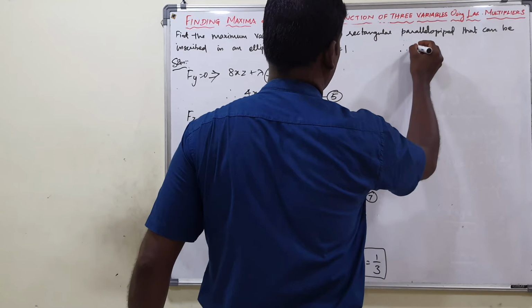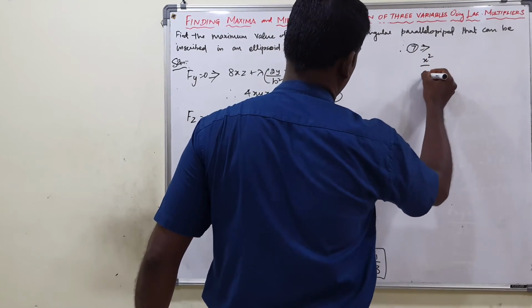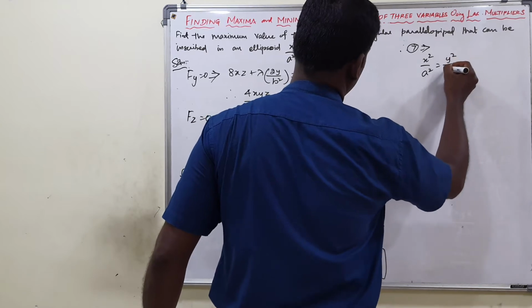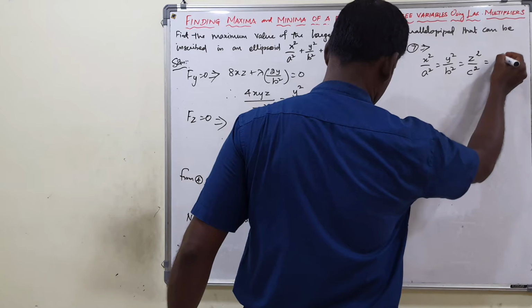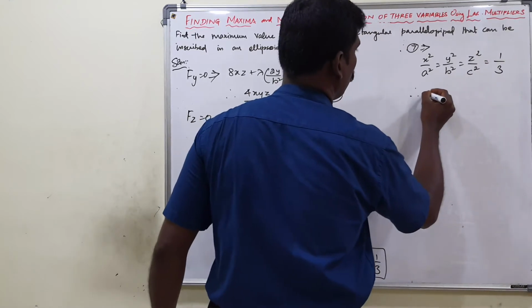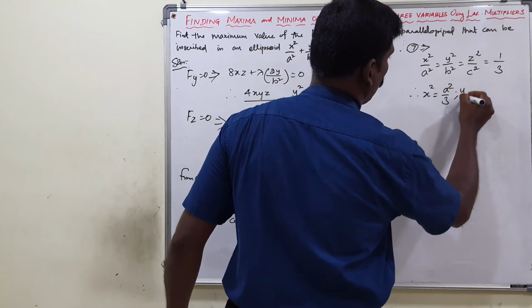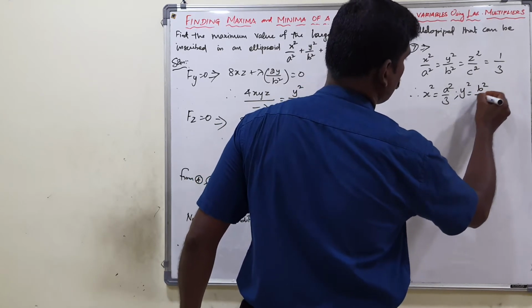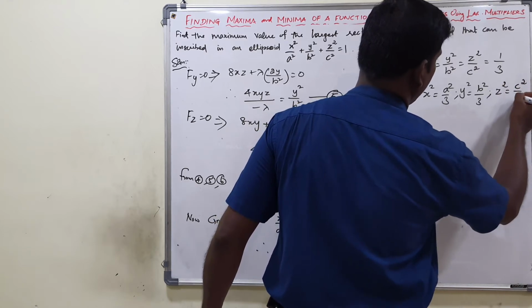So 7 implies x square by a square equal to y square by b square equal to z square by c square equal to what? 1 by 3. Therefore, x square is equal to a square by 3, y square is equal to b square by 3, and z square is equal to c square by 3.